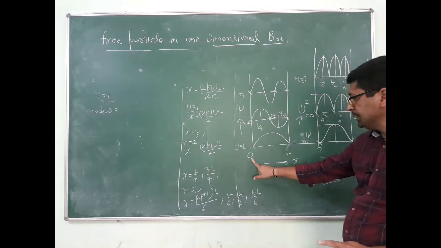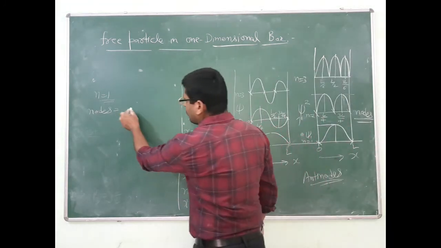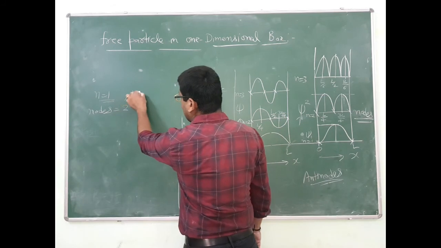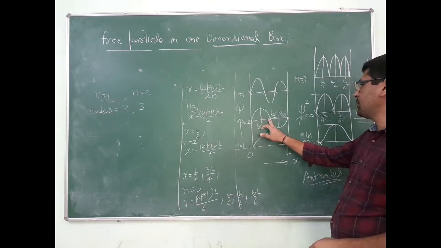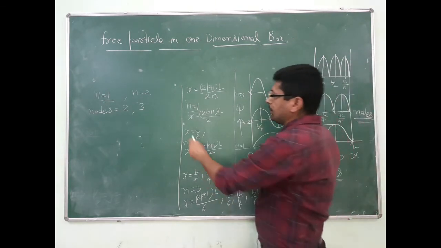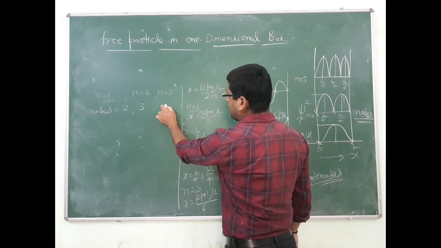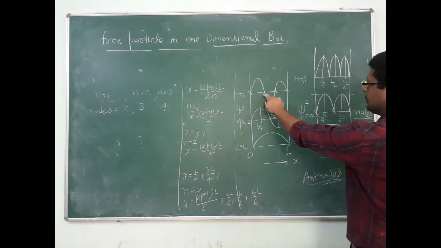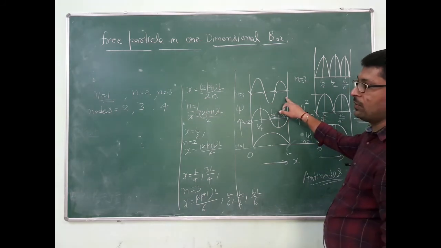There are two positions, 0 and L. That means 2. For n is equal to 2, how many nodes are there? There are 3, 1, 2 and 3. For n is equal to 3, how many nodes are there? There are 4 positions, 1, 2, 3, 4. At these positions your wave function will become 0.